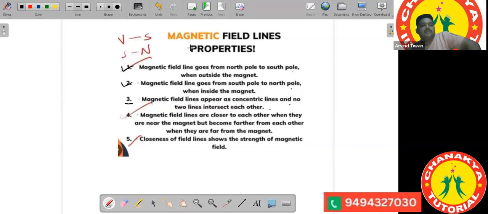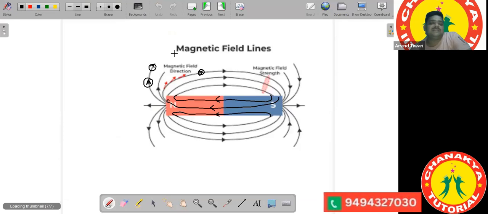So what will happen if two magnetic field lines intersect each other? Suppose I draw the magnetic field lines like this. Let's say this is one of the magnetic field lines. I draw the second field line like this. Here I find the intersection of the two lines.